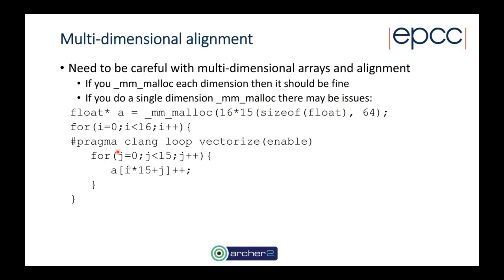But actually, when you get down to the J loop here, the starting point for this J loop is not guaranteed to be aligned, because it will end up aligning on 15 element boundaries, which won't necessarily be aligned. So if we vectorize this loop, we could end up with problems here.